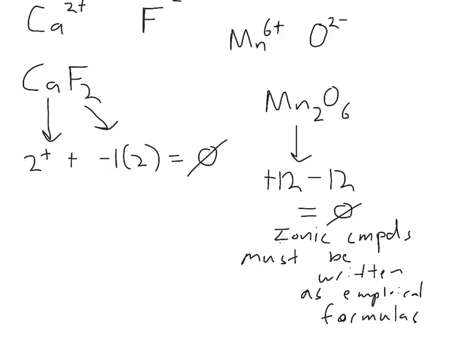An empirical formula is the lowest whole number subscript for each element. This is for ionic compounds.